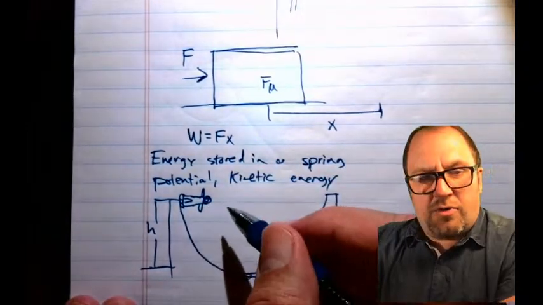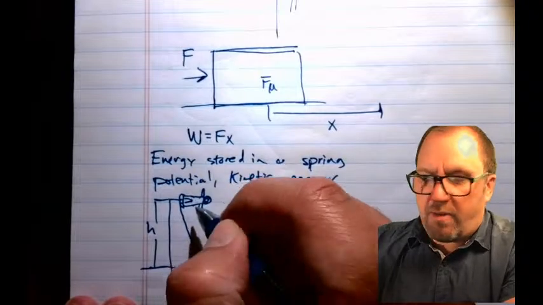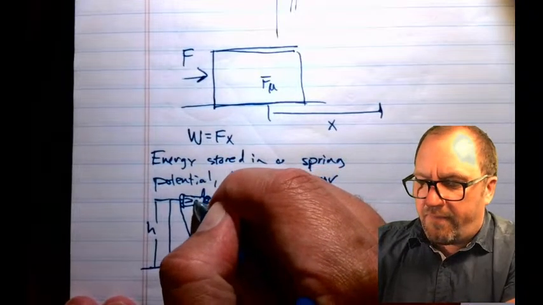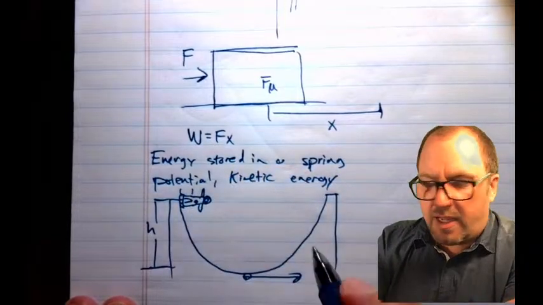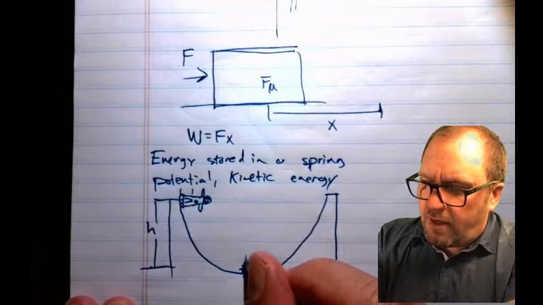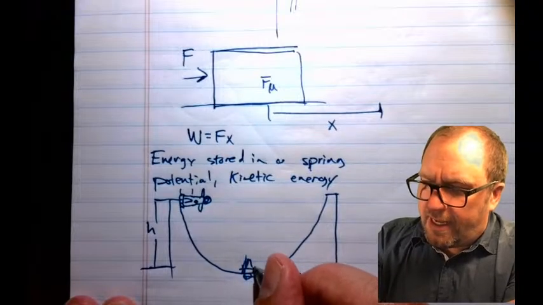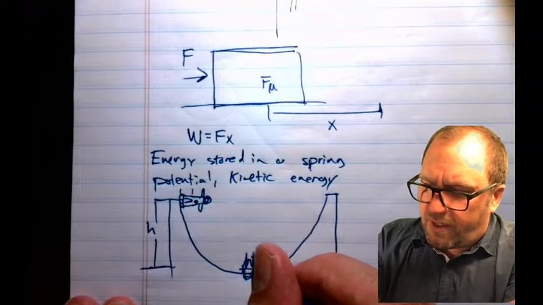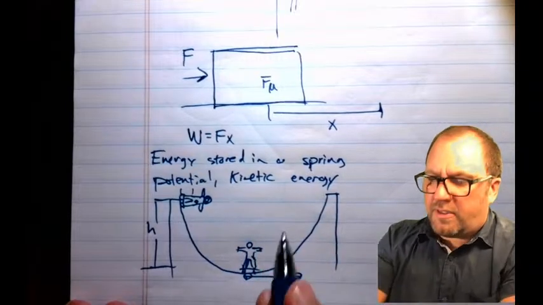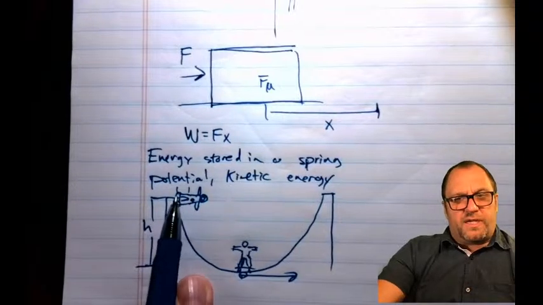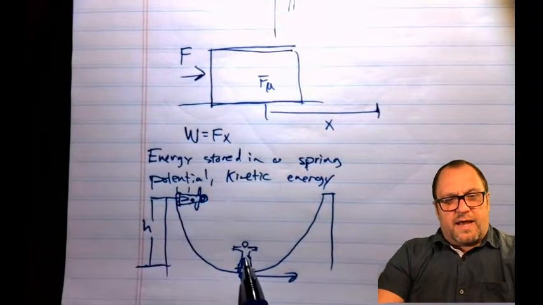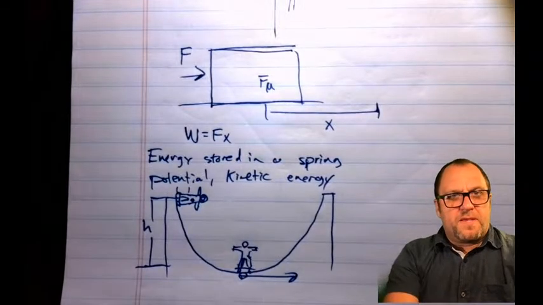MGH. I think we had a problem where we calculated, if we know the distance here, the skateboarder's kinetic energy at the bottom. More specifically, what is his velocity down here? We know our potential, so we should be able to find the velocity down here.